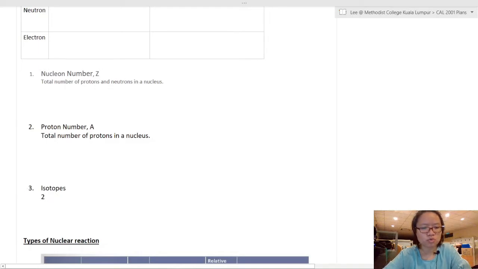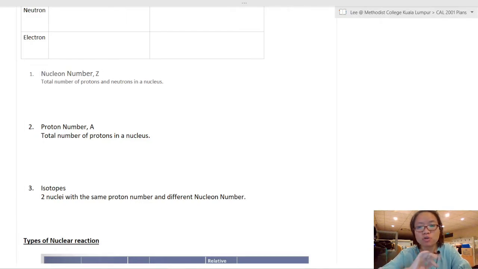You can say 2 nuclei are isotopes if they have the same proton number and different nucleon number. Nucleon number sometimes is also known as mass number. Sometimes. Okay, I shall follow the more modern convention.